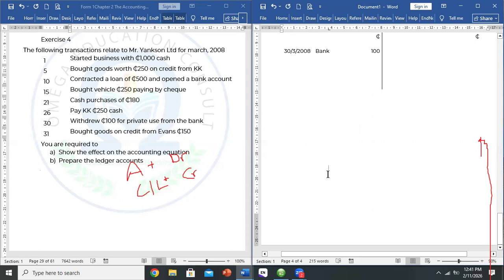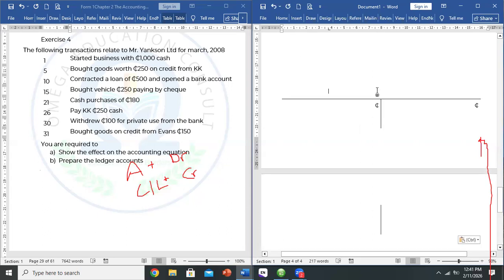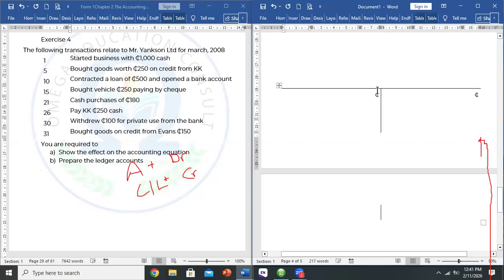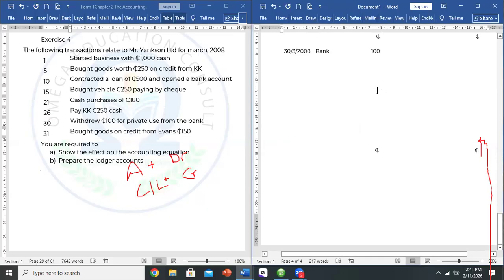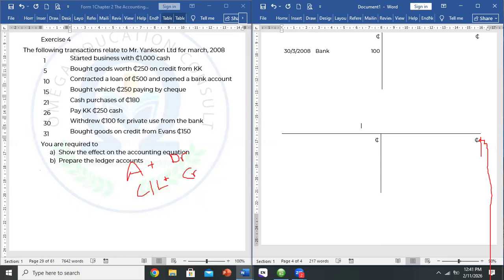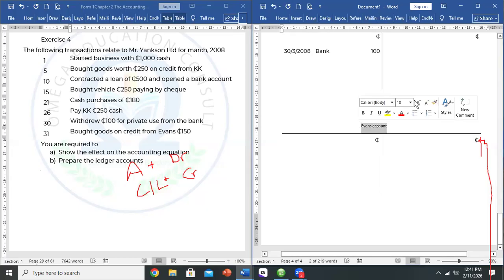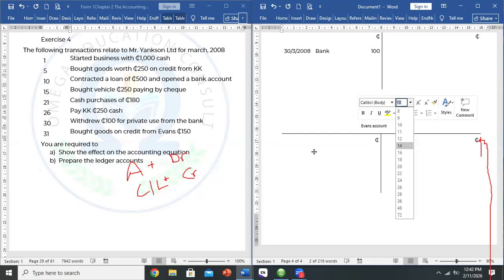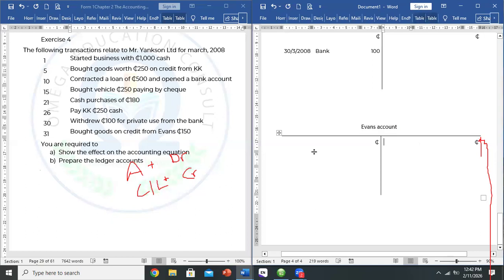So you see that it's really simple. If you remember the principle, do the analysis, get the elements, and know what is increasing and what is decreasing. But always remember that you need a minimum of two. So if you get one side and you are not getting the other side, it means you have to do more analysis. So here we have to credit Evans, 31st March 2008. That'll be purchases. The amount is 150.